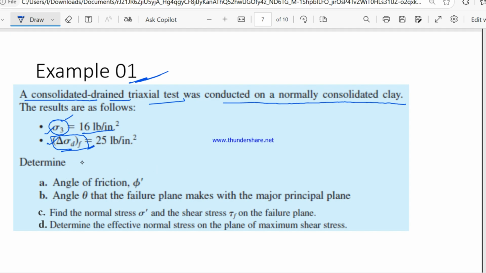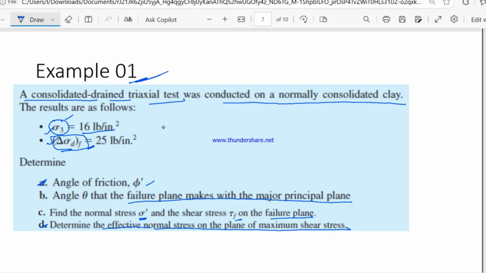Determine the angle of friction phi prime and the angle theta that the failure plane makes with the major principal plane, and find the normal stress sigma prime and the shear stress tau f on the failure plane, and determine the effective normal stress on the plane of maximum shear stress.